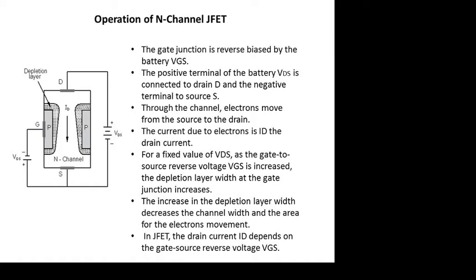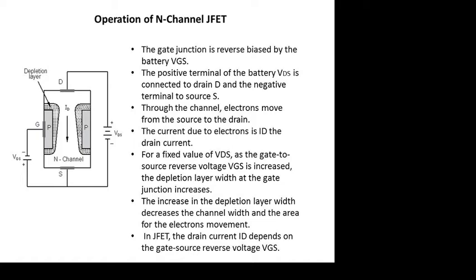In this condition, since the drain is more positive compared to the source, electrons move from the source to the drain. In N-channel JFET, electrons are the majority carriers. The electrons move from the source to the drain, so the drain current flows in the opposite direction.